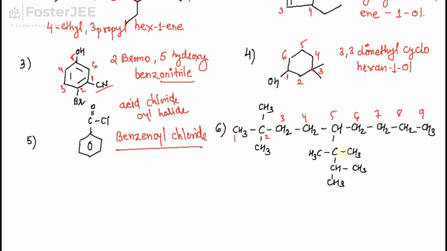So we will name this substituent group differently. Here it will be 1 dash, 2 dash and 3 dash. So we will name this compound in alphabetical order. At the second carbon 2 methyl groups are present. So the name of the compound is 2,2 dimethyl.